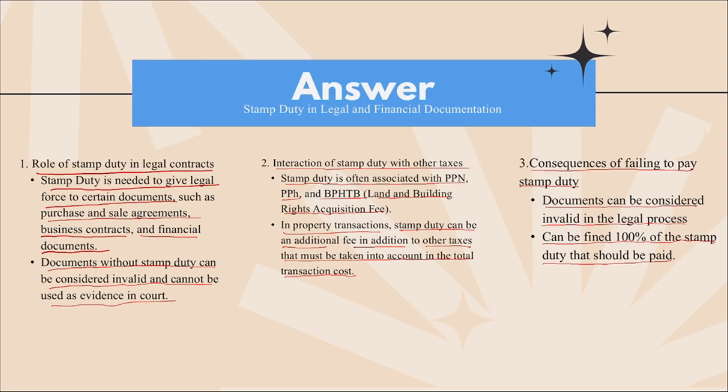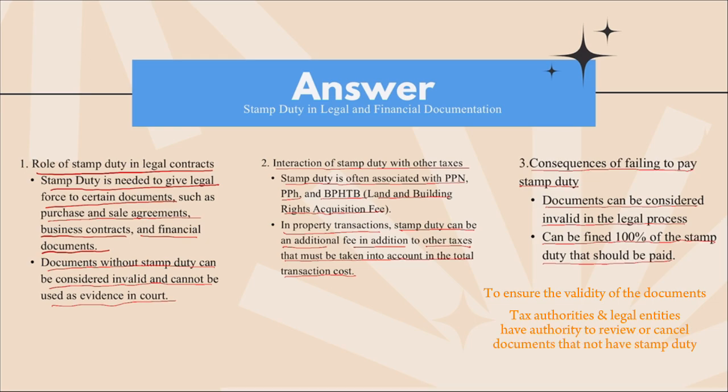Okay, so I will give the explanation. Stamp duty serves to ensure the validity of documents. Without stamp duty, the underlying transaction can be questioned, and tax authorities and legal entities have the authority to review or cancel documents that do not have stamp duty in accordance with applicable regulations.